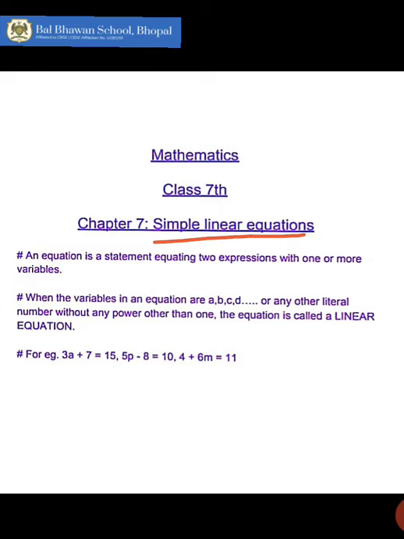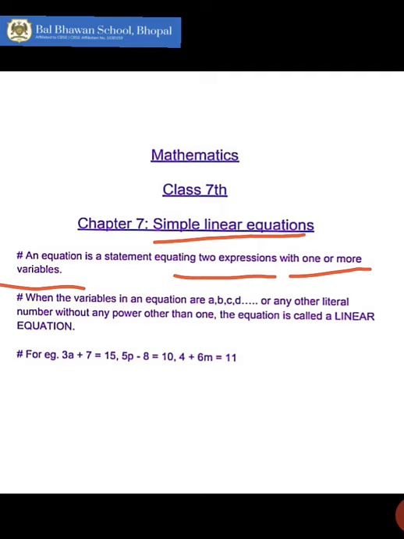An equation is a statement which equates two expressions with one or more variables. We have already discussed what algebraic expressions are in our previous class. So you all know that a combination of variables and constants leads to algebraic expressions.